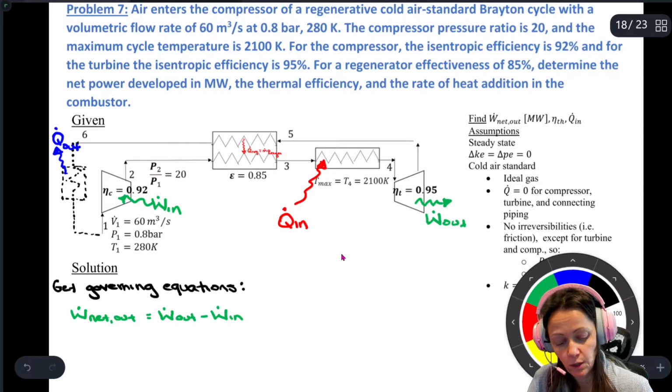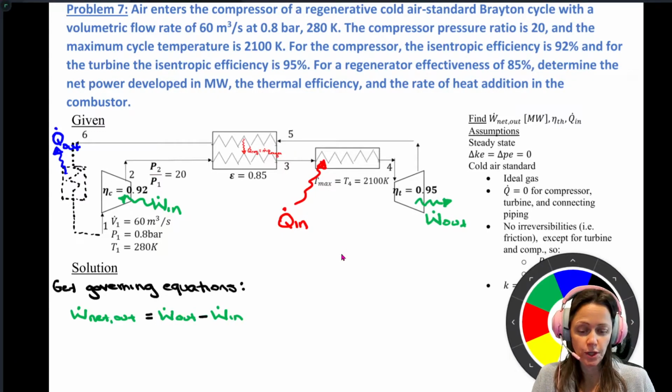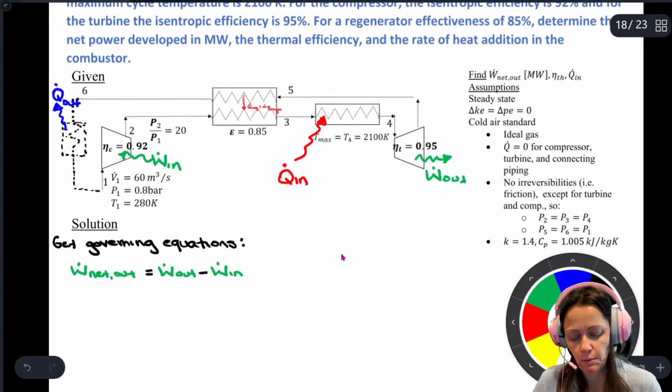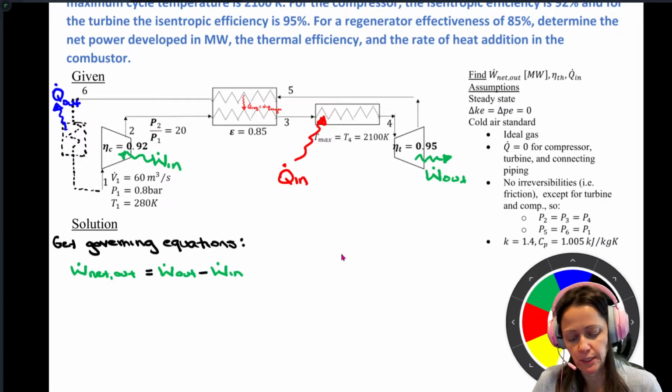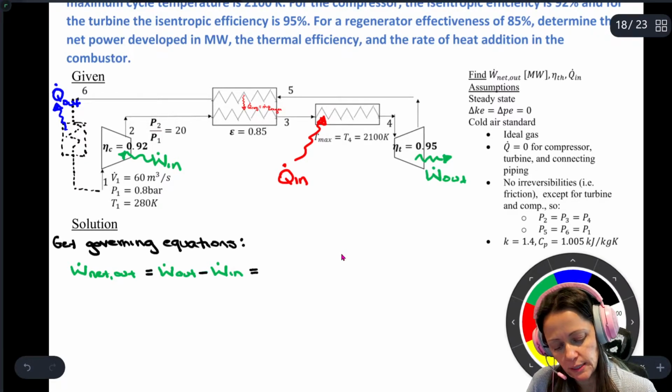Of course, I could say W dot net out is equal to Q dot net in. That would be okay too. But I'm going to keep it like this because it's not really going to save me any work. And then, might as well put this in terms of little w: little w out minus little w in.